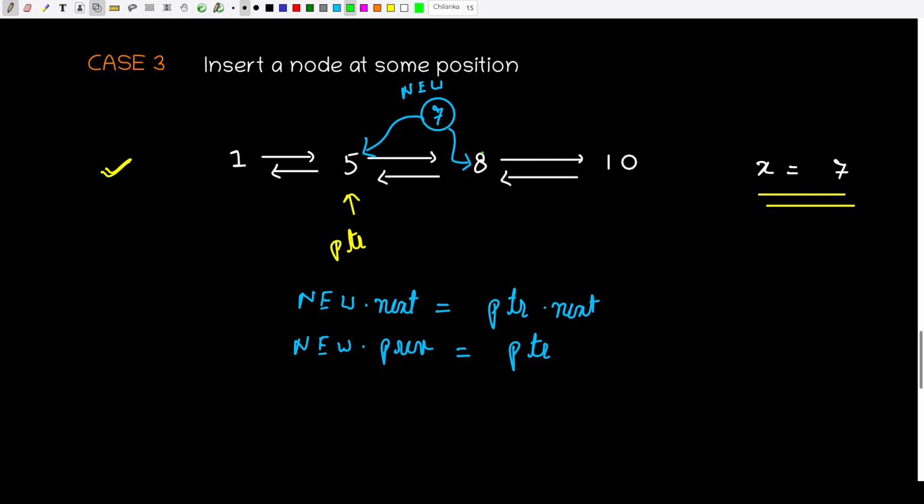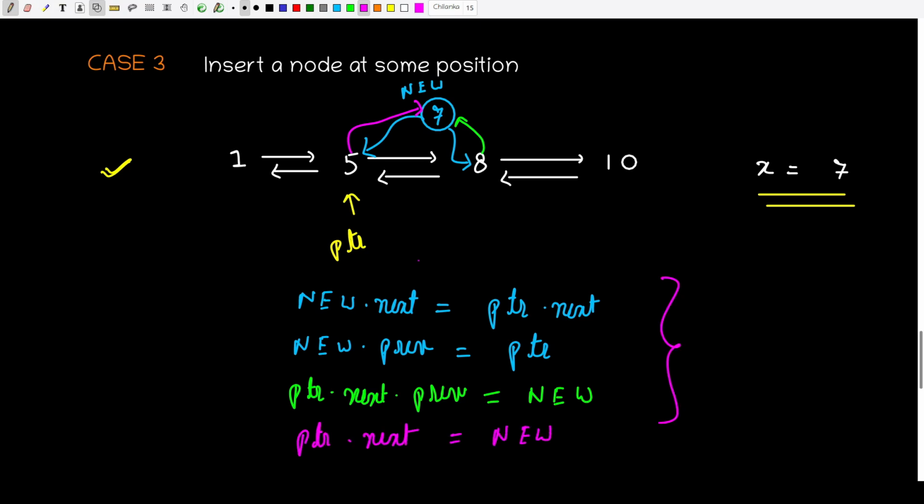So this connection. Let us do that. ptr.next.previous is equal to new, and finally ptr.next should point to new. So let us do that. ptr.next is equal to new, and in this way we will be able to insert a node.